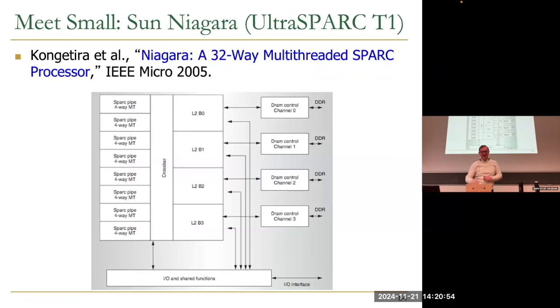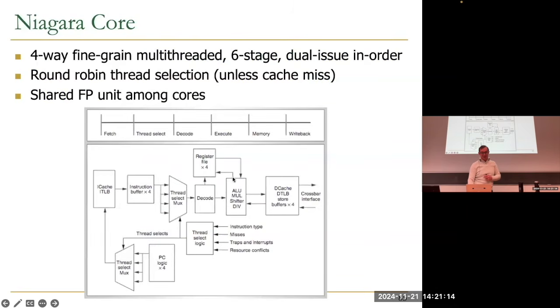Okay, anyway, going back, Sun was a very innovative company with a lot of innovations before this also, but they were designing these simple wimpy core processors. If you look at these cores, they actually had 8 processors over here. Each processor was 4-way multi-threaded. And if you look at a single processor, it's very simple. It's 4-way fine-grained multi-threaded, 6-stage, dual issue in order. There's no branch prediction.